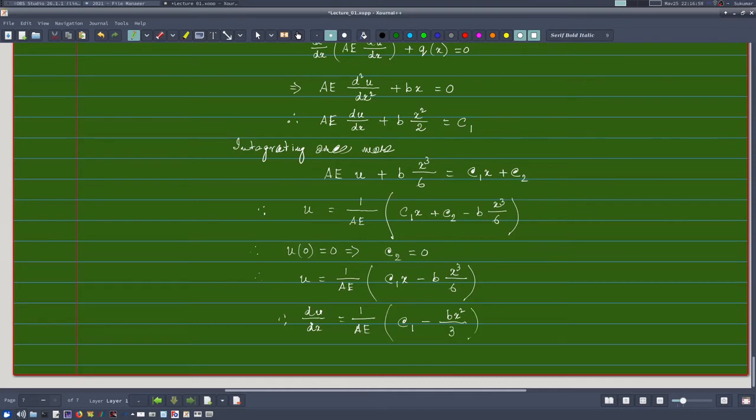And now at x equal to L, du/dx is 1 upon AE into C1 minus bL squared by 2.